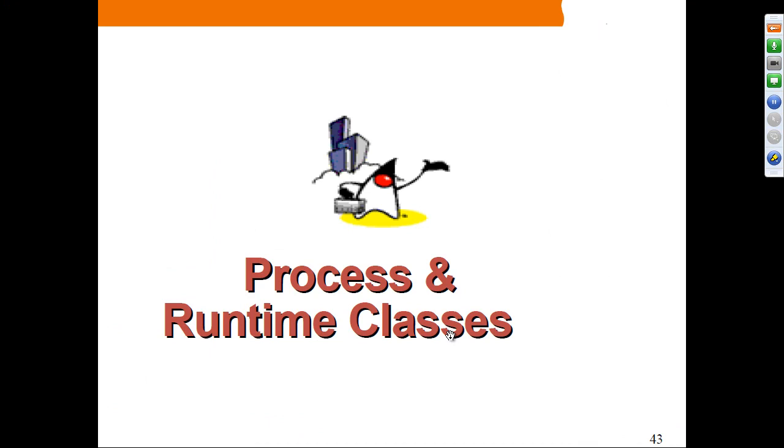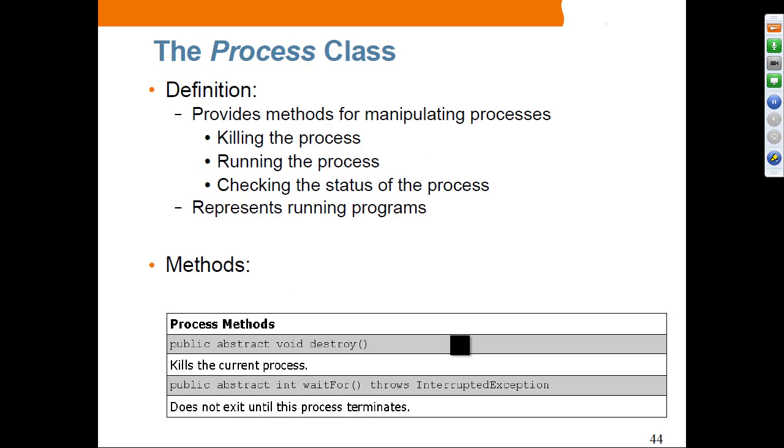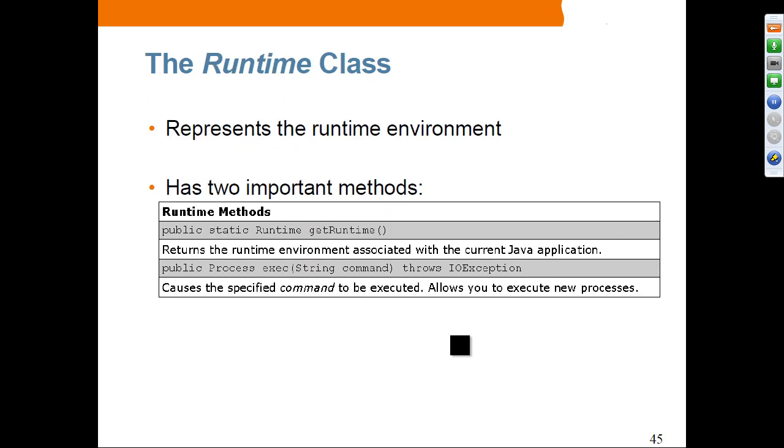Next topic and final topic of this presentation is the Process and Runtime classes. So the Process class provides methods for manipulating processes: killing processes, running processes, checking the status of processes. And the Runtime class represents the runtime environment. So you can call the getRuntime method.